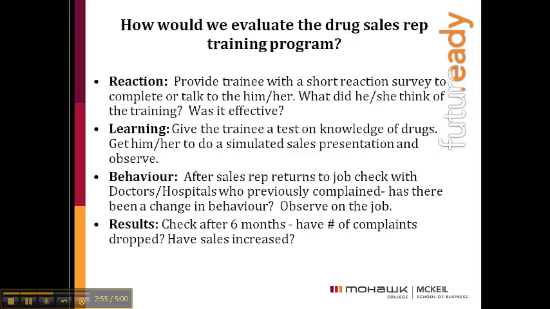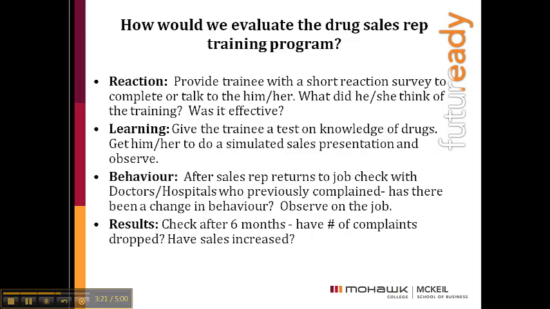Did you observe any change in their behavior? And then again, to check whether the performance problems we might have been having have been resolved, we might want to check after 6 months to see if, for example, we noticed that customers were complaining. Is it the case that after the training, our number of complaints went down?